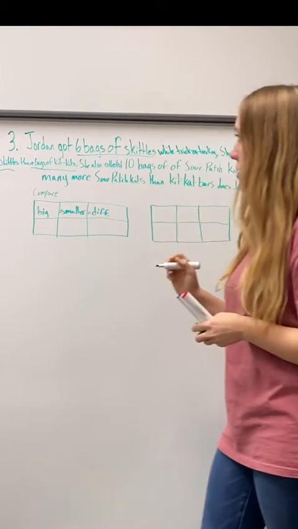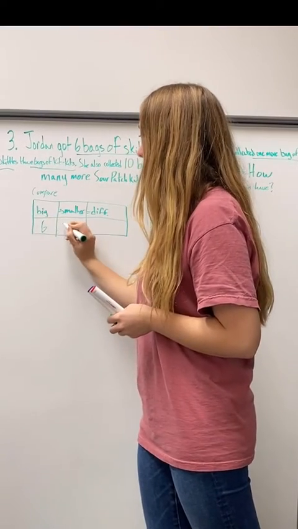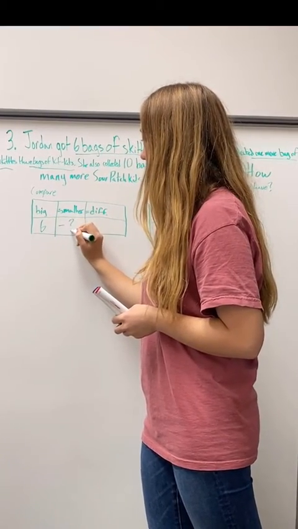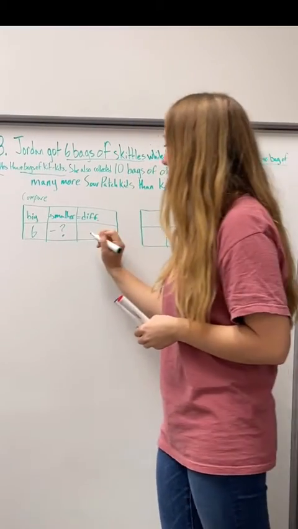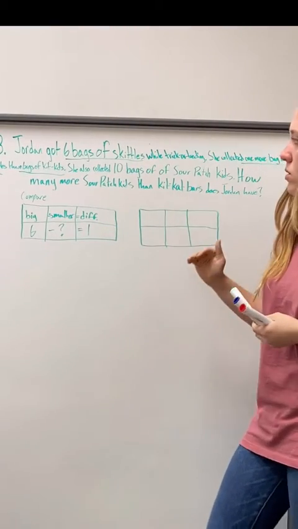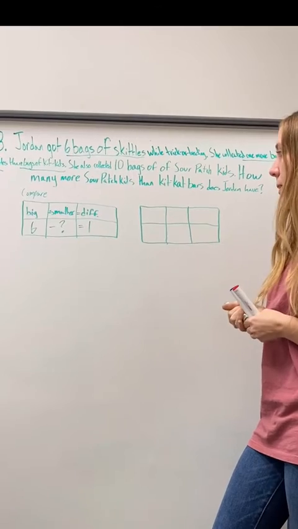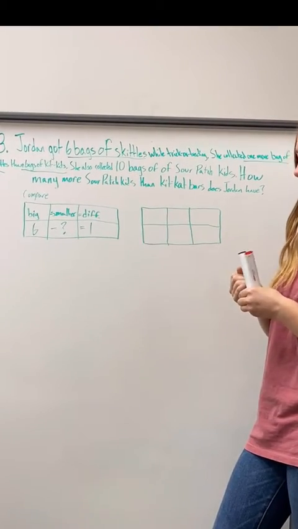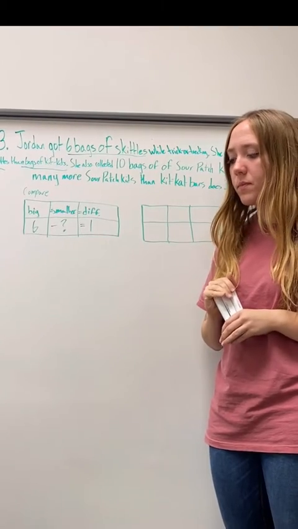So our bigger is going to be the 6 bags of Skittles. So 6 minus, we don't know what our smaller is yet, because we don't know the amount of Kit Kats. All we know is that the difference is 1 because there is 1 more bag of Skittles than there is Kit Kats.